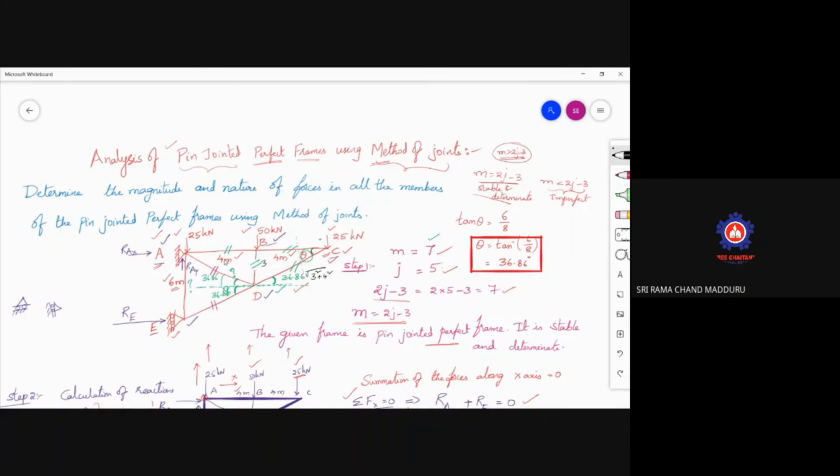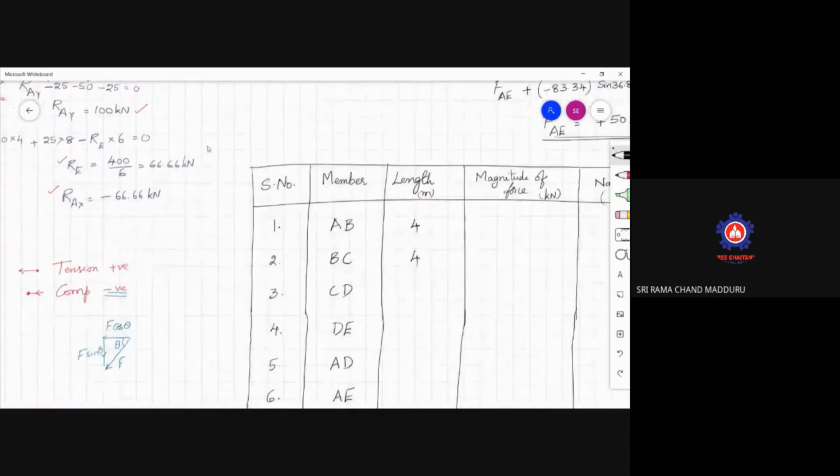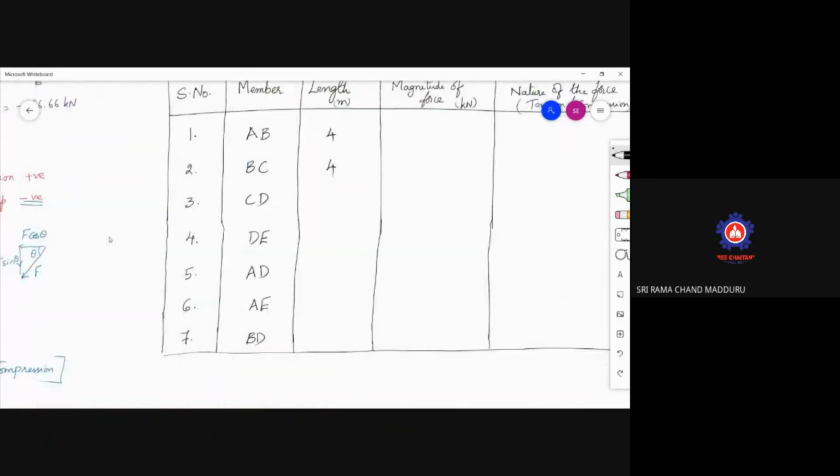What is the value? 5. This is also 5. This is 6. AE is 6 meters. So simply I am calculating the lengths of the members. CD is 5 meters, ED is 3 meters, AE is 6 meters, 5, 5. The lengths of the members are calculated.